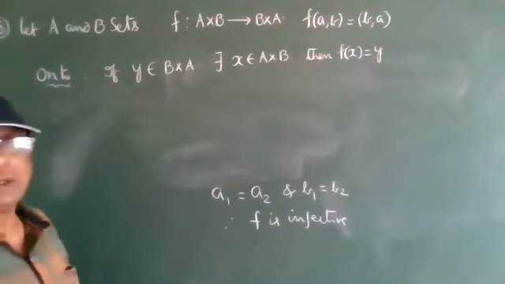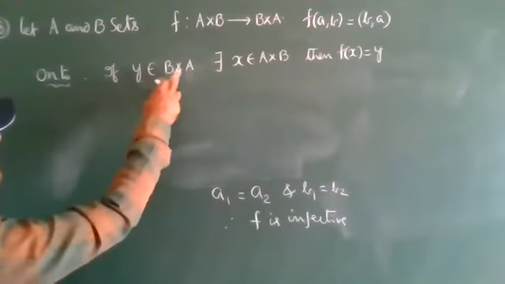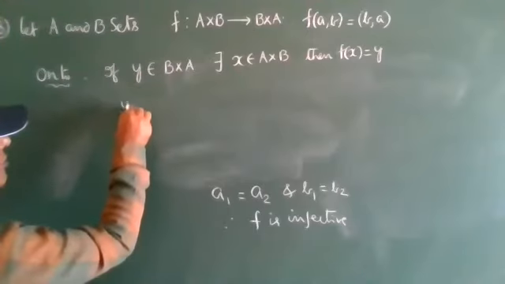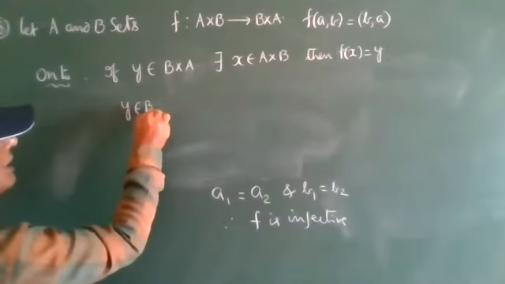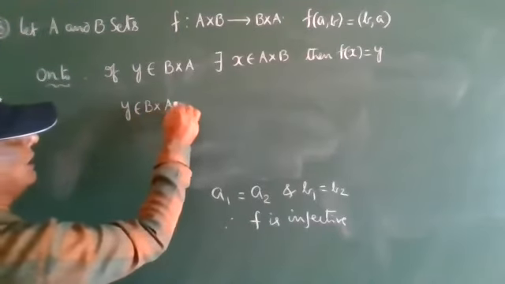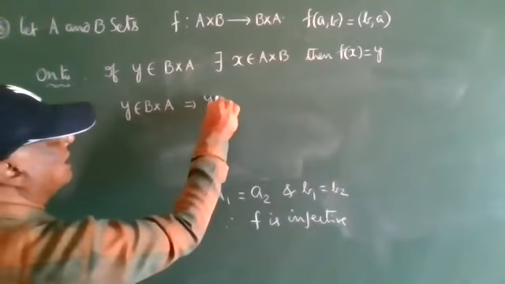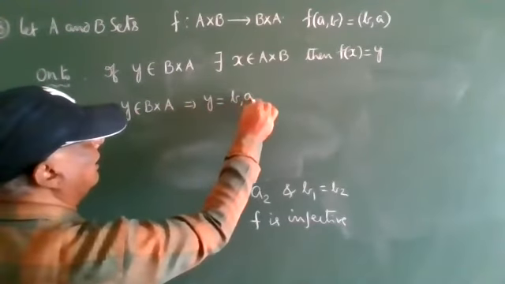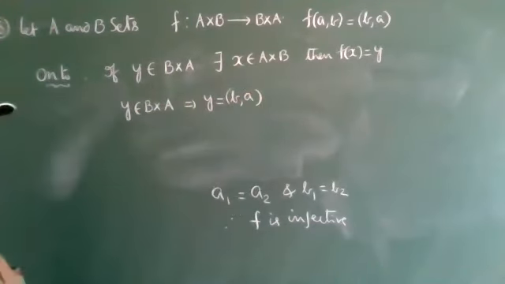See everyone, here y belongs to B cross A. Automatically y will become (b, a).